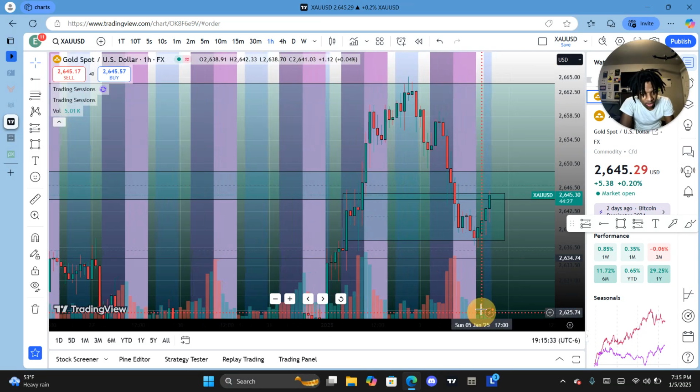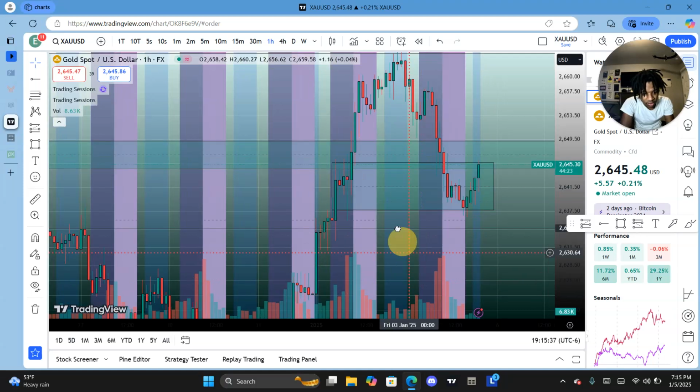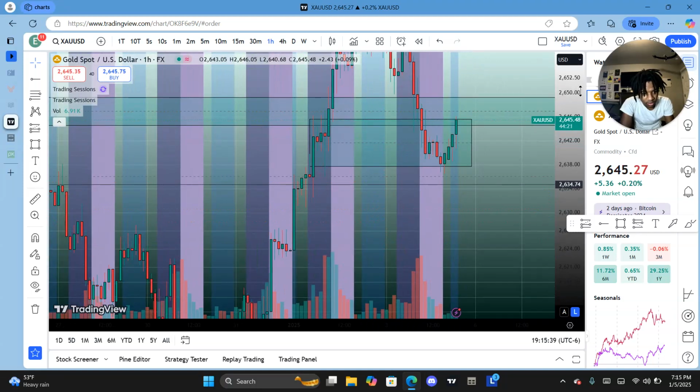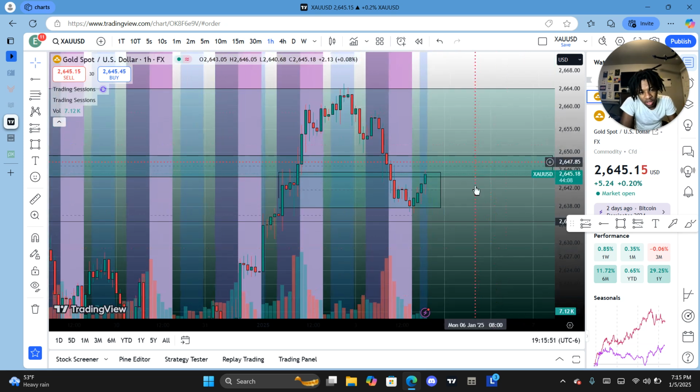But you see, it sold up and it had corrected itself, which I'm pretty sure was the trade for yesterday, which makes sense because I took that Thursday trade, and Friday I didn't end up taking the trade because I was thinking it was going to continue that bearish momentum or bullish momentum, but it turned bearish.